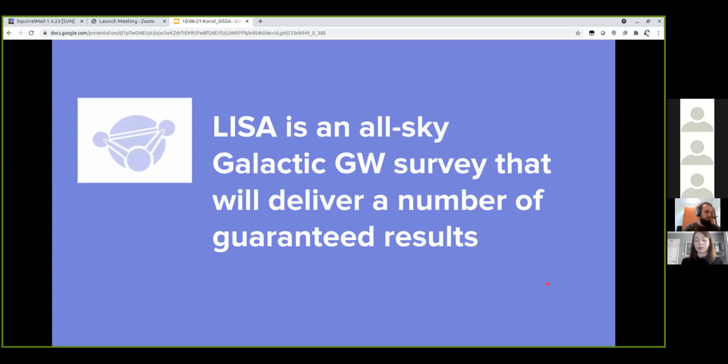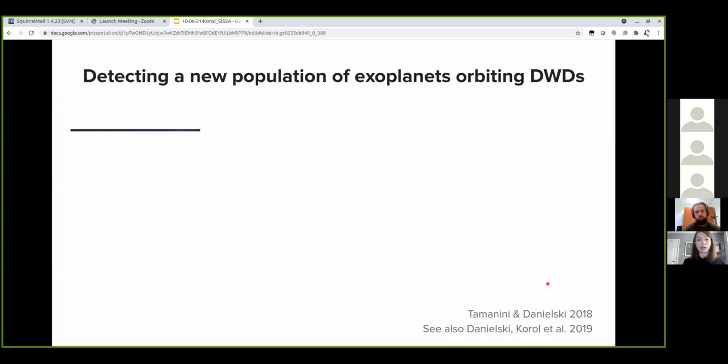a number of guaranteed results. And as a bonus, I wanted to show you that we can also use these double white dwarf binaries to trace other astrophysical populations, such as circumbinary exoplanets.